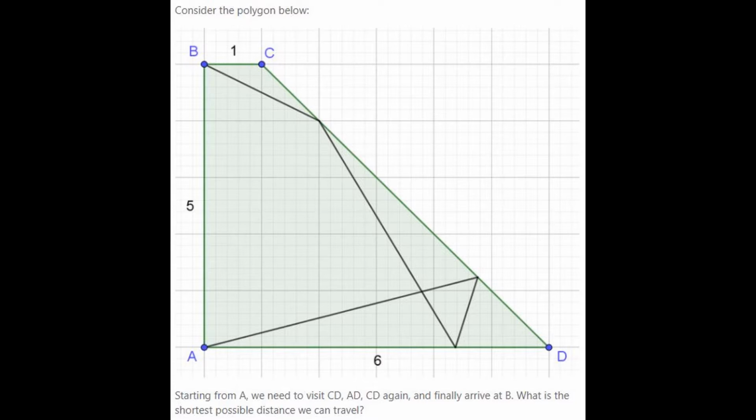So the first thing to note is that as a general rule, the shortest possible distance between 2 points is a straight line. So you'll see that in each of these movements, we're always dealing in a straight line. So the question becomes, how can we tackle this without having to deal with a whole bunch of complex triangular calculations?